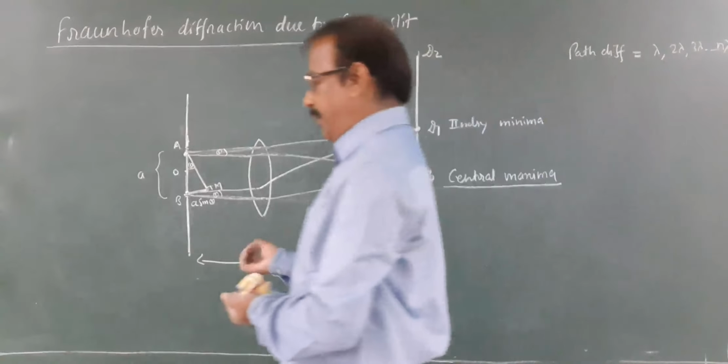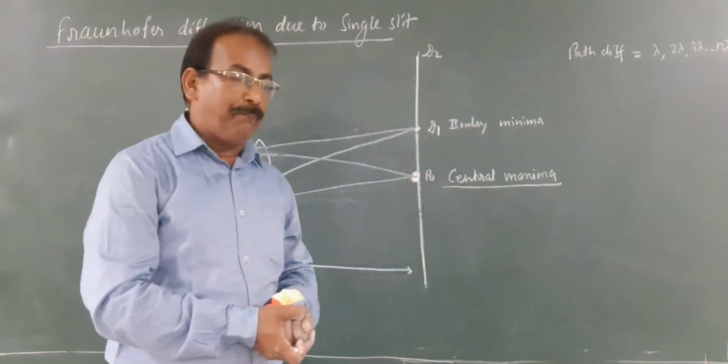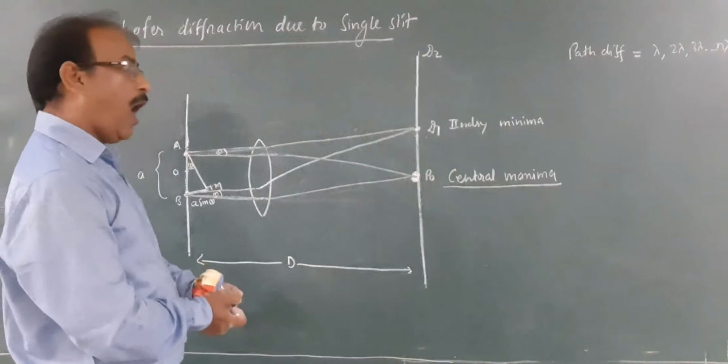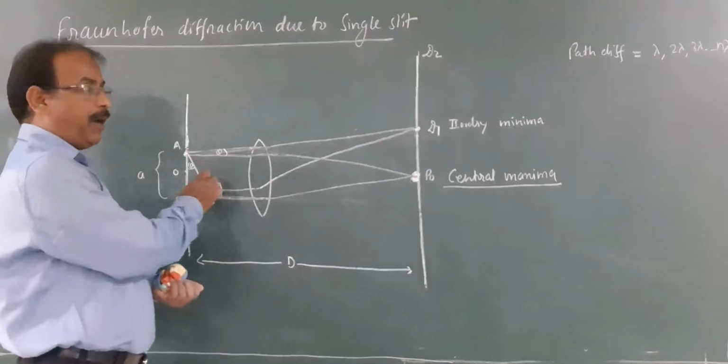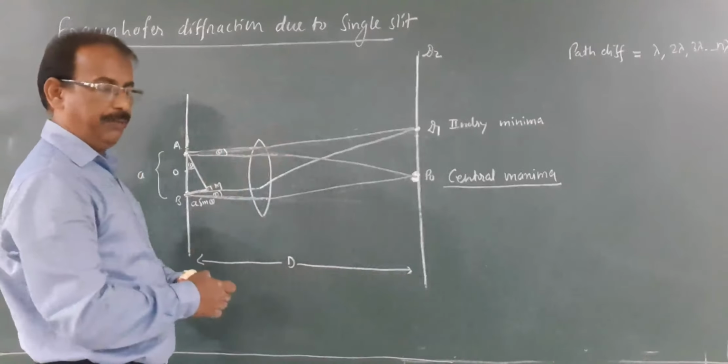Here, the explanation of this is given on the basis of half period zone. This distance for secondary minima is equal to lambda because it is the first minima.